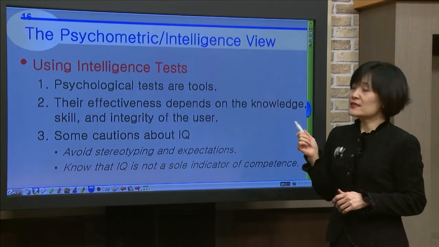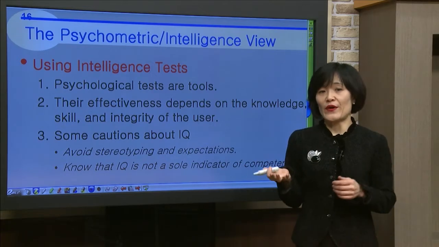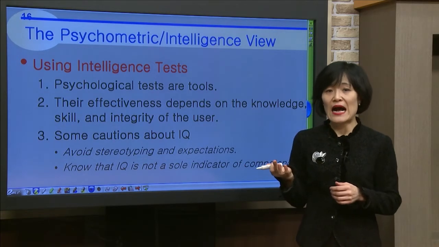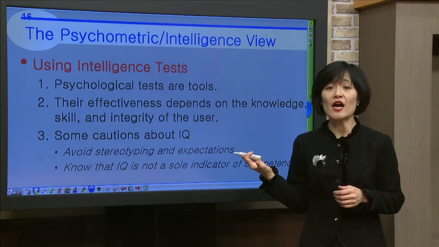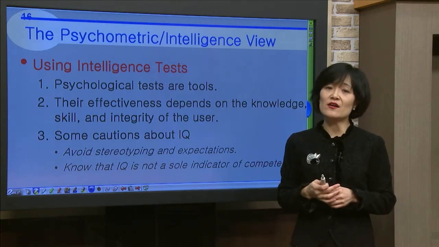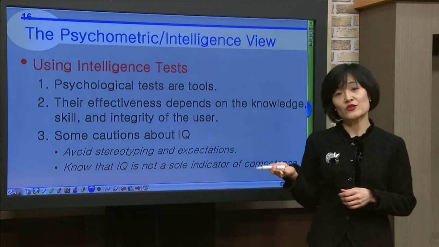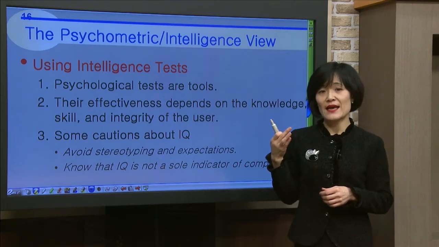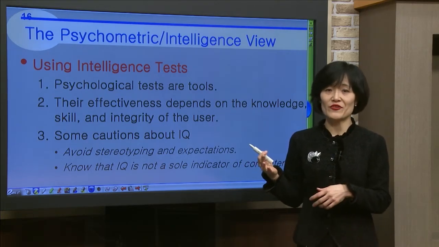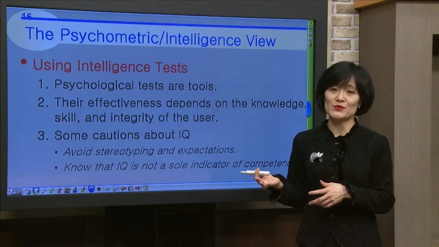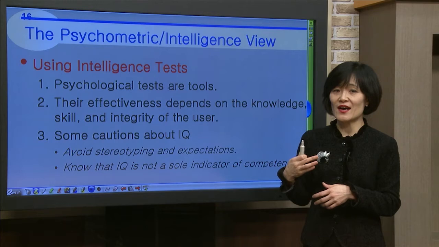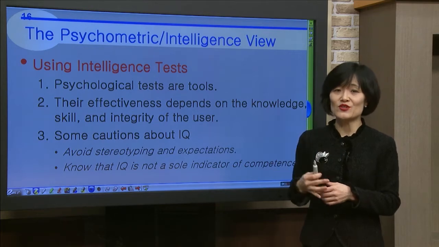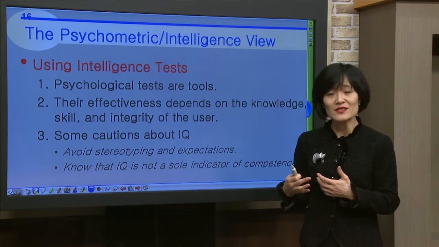But when using the intelligence test, we know that parents are very interested in how smart their sons and daughters are, and probably you yourself also wonder whether your IQ test has some predictability of academic performance or not. So if you have a high IQ, you probably have a high expectation of academic performance.